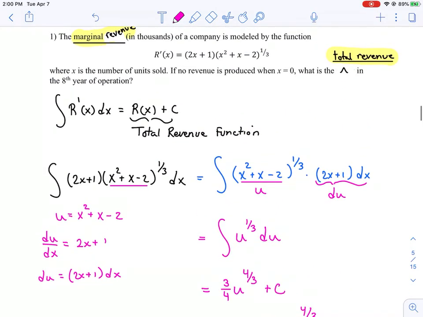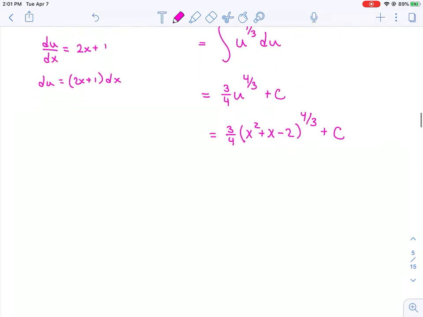All right, so we need to find the total revenue in the 8th year of operation. And we haven't used the fact that no revenue is produced when x is equal to 0. So what we need to do is find this value of c so we can finish the problem.